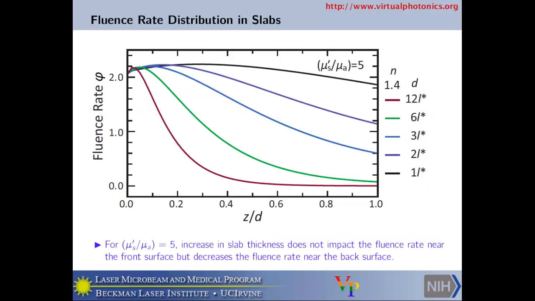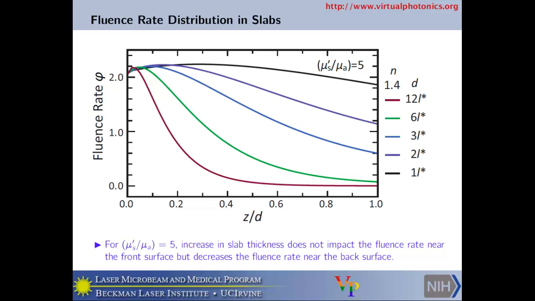For high absorption, things are a little different. So here's scattering dominating absorption by only about a factor of 5. The fluence rate close to the surface is really insensitive to the slab thickness. And that's because there's not a lot of backscattering. Okay? And you have a lot more attenuation as your slab thickness gets larger.